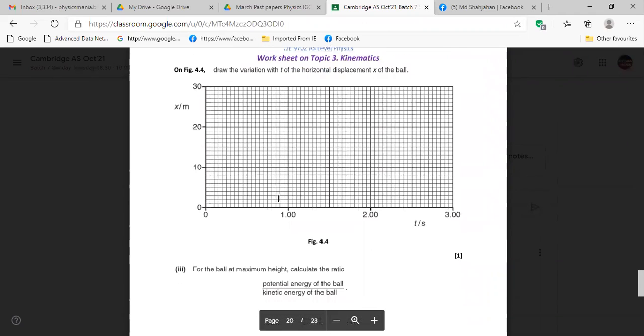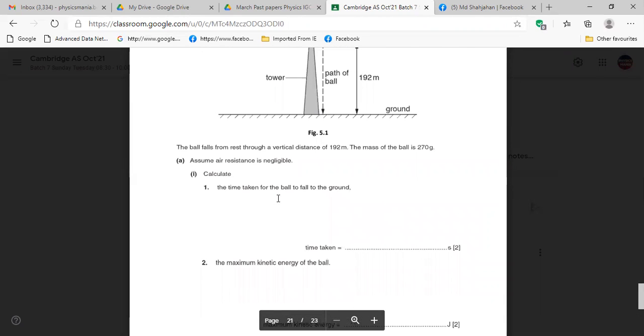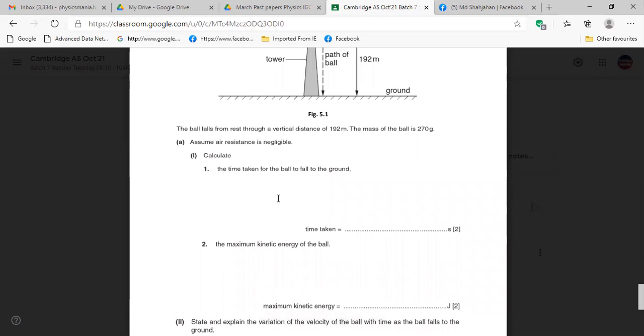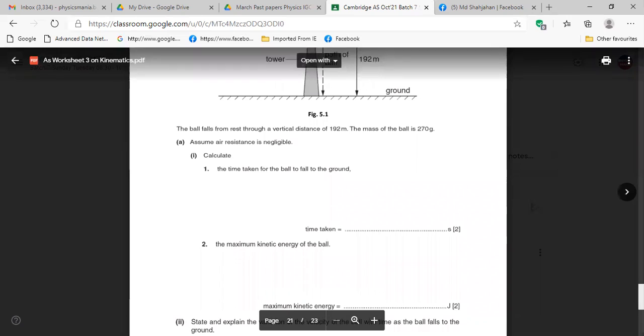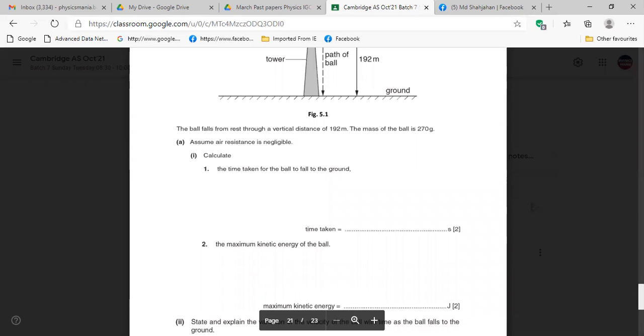Let me open it first. Here we go. Mark scheme.